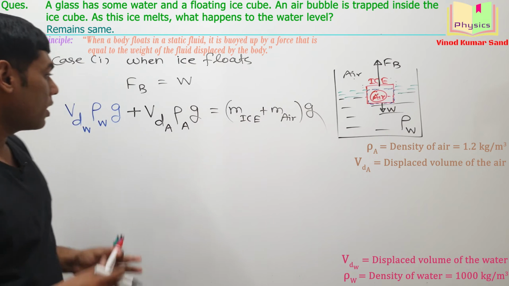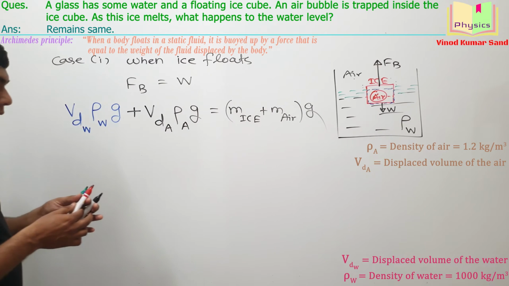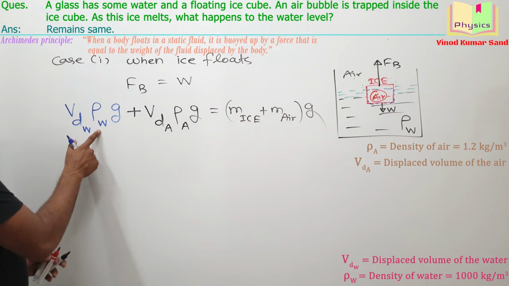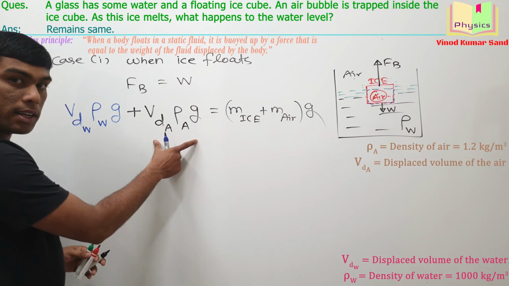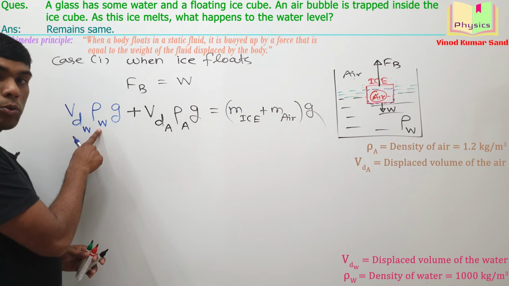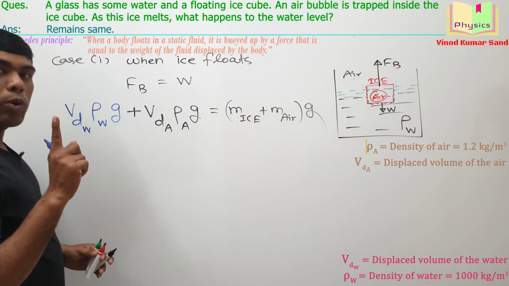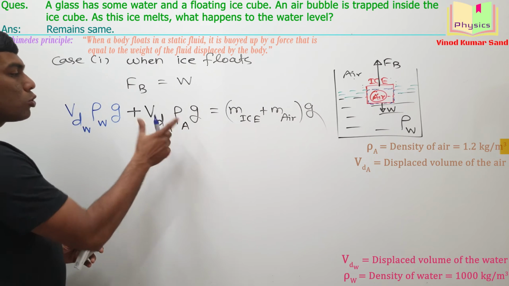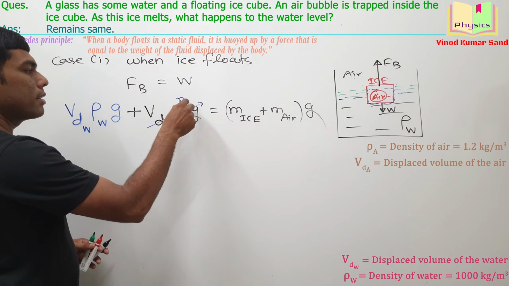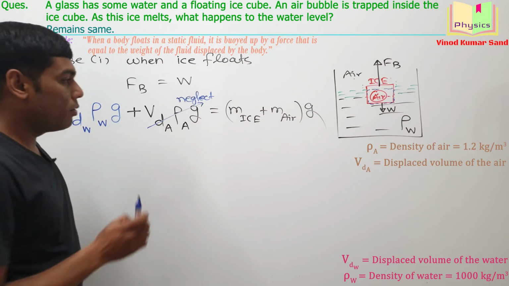Okay. Now, we know one thing: if we compare this data and this data, here rho W, the density of water, is 1000 and here the density of air is 1.2 kg per meter cube. So we are going to neglect this term. Same we can do here.